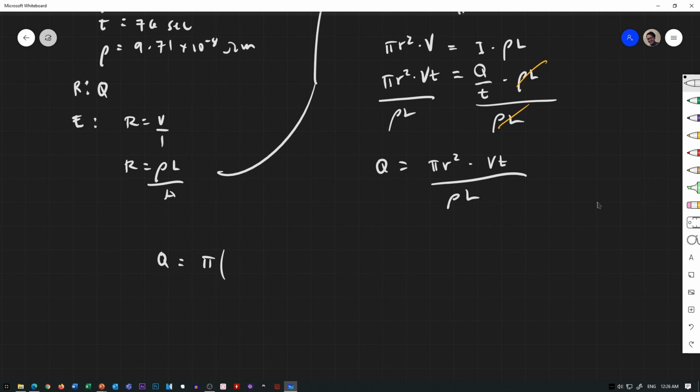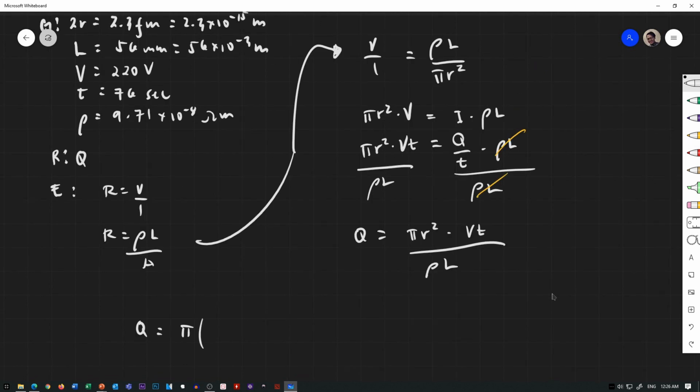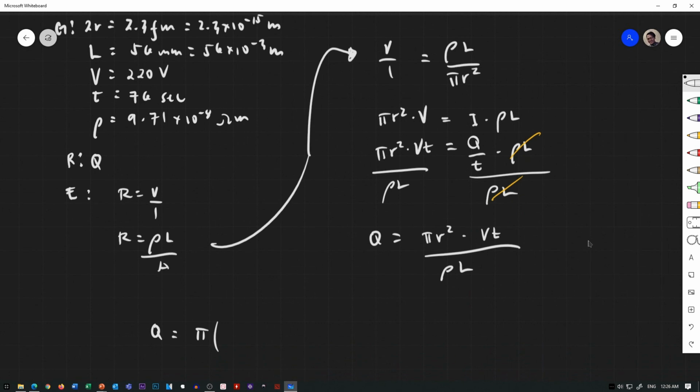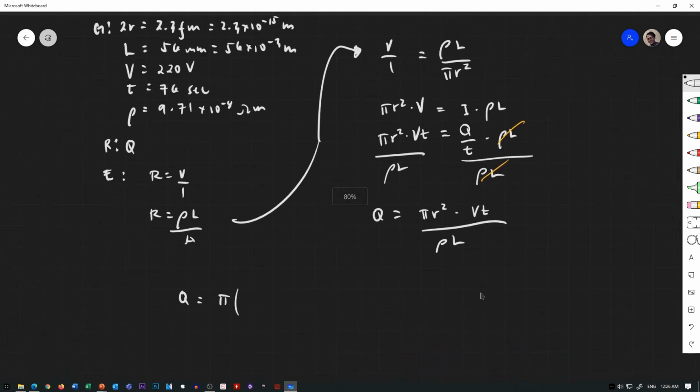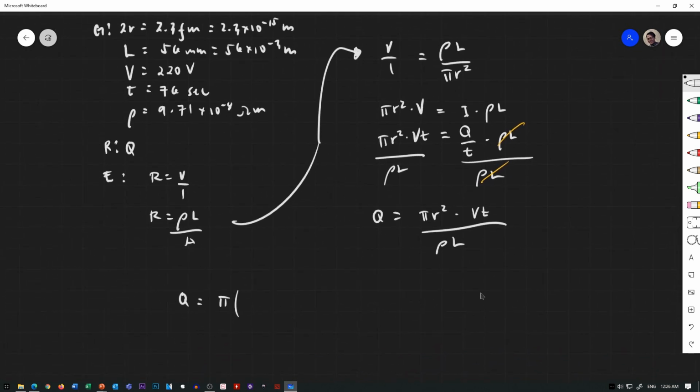So that will be, what's our value? 2.3. So we have 2.3 times 10 raised to negative 15 meters divided by 2 to be squared. Okay, so this is 2r over 2, so that will be r. So it will look like this.